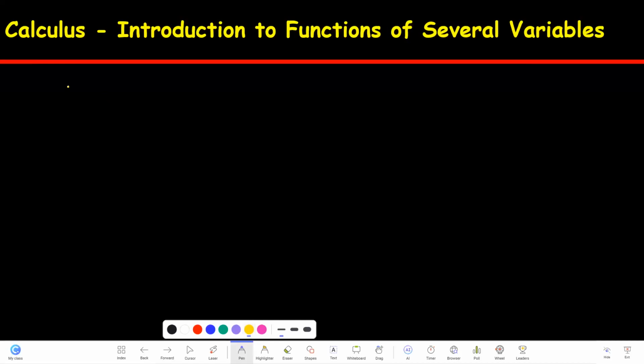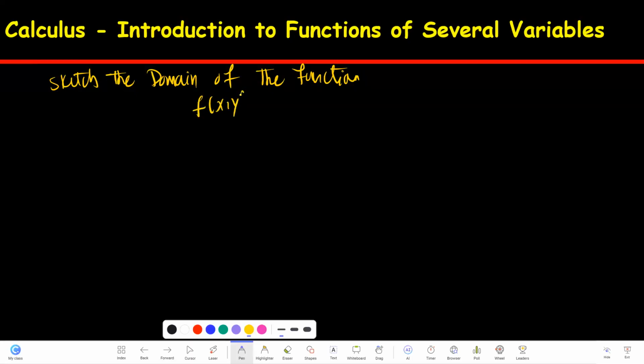Example. The function is given like this, with plus.